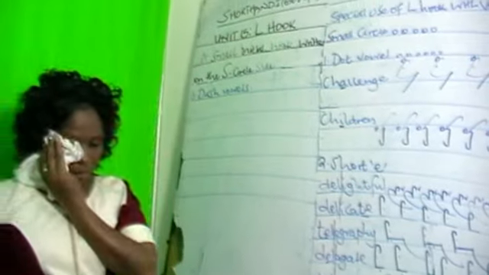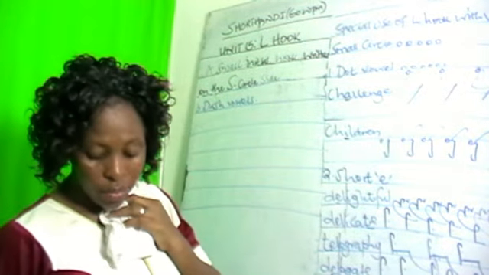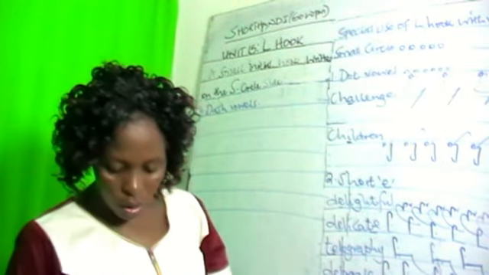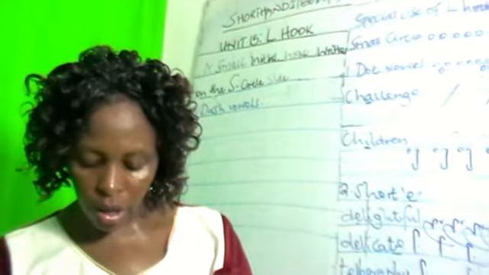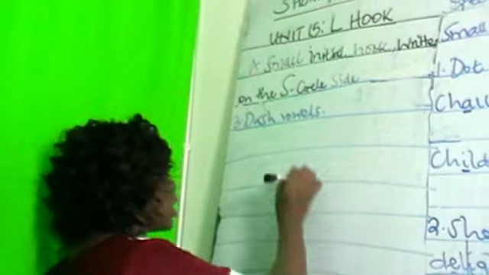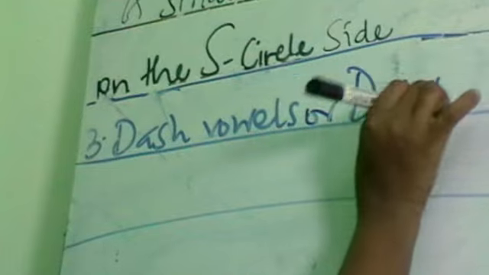A dash vowel or a diphthong is shown by writing the vowel or diphthong sign at the beginning or at the end of a stroke. So here we are talking about the dash vowel or a diphthong.